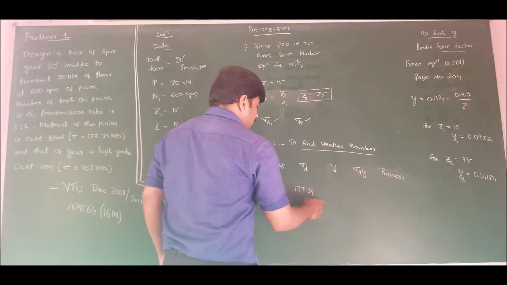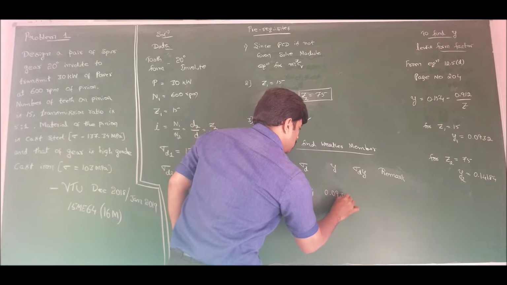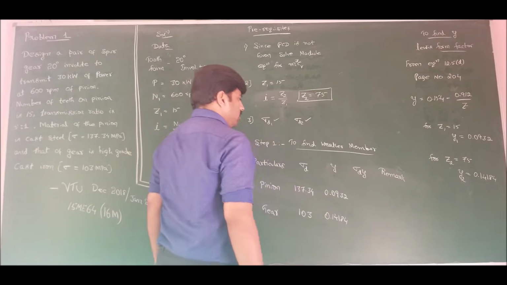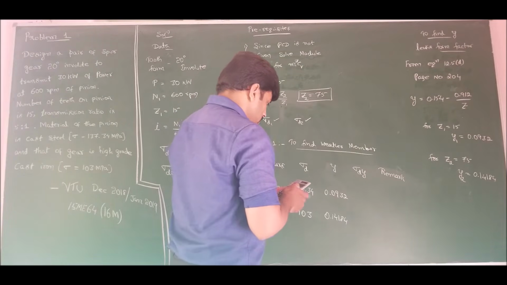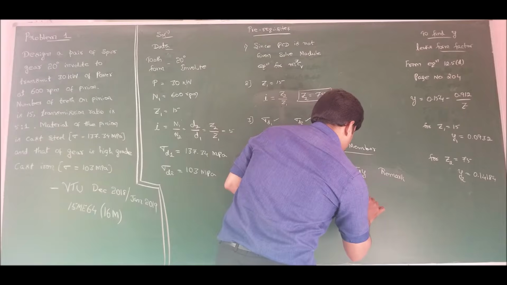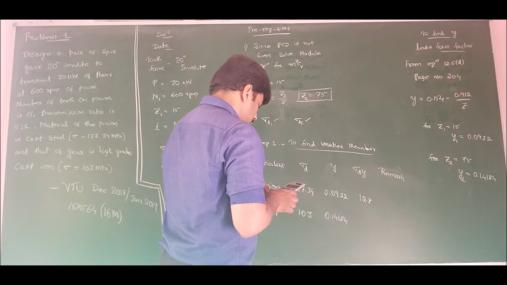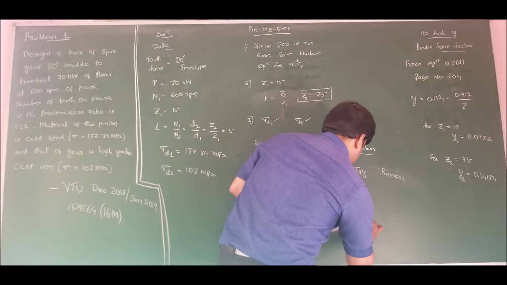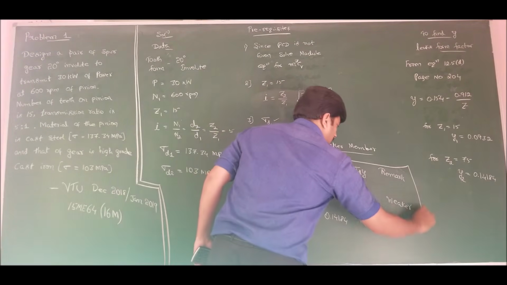So the values of y1 and y2 are 0.0932 and 0.14184. Now multiplying, 137.34 into 0.0932 will be 12.8, and 103 into 0.14184 will be equal to 14.6. Therefore, pinion is the weaker. I should design for pinion.